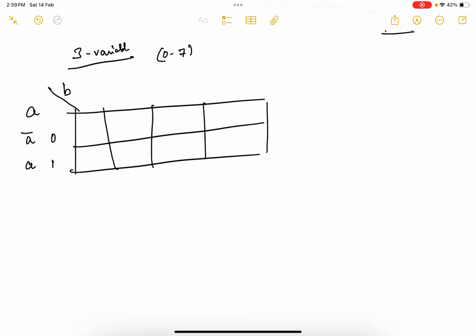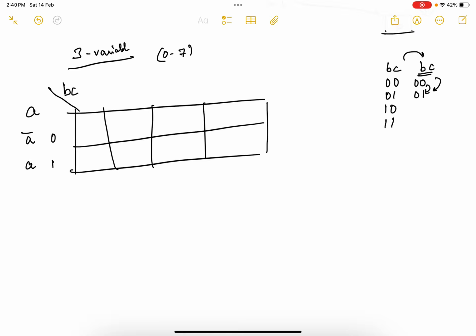Here it is three variables, so BC. The two variables B and C can take four combinations: 00, 01, 10 and 11. But as per the K-map concept, there should be a single bit change when moving from one cell to the next. From 00 to 01, there is a single bit change.